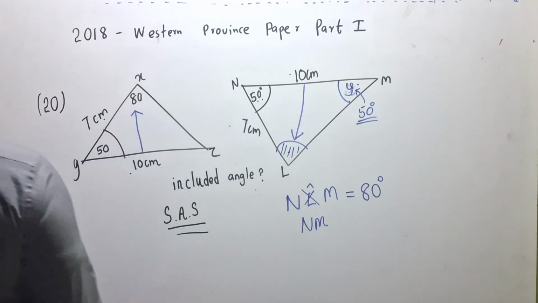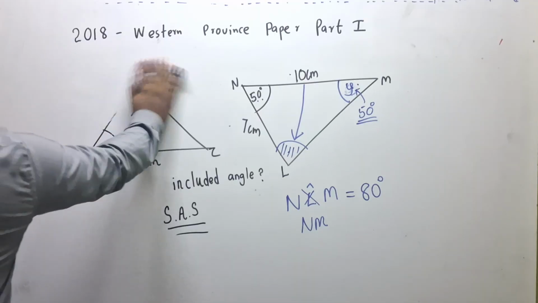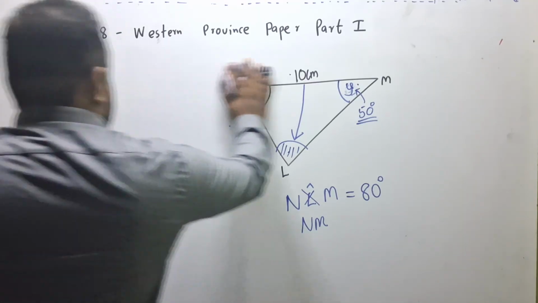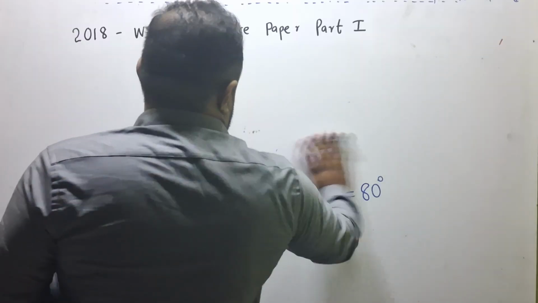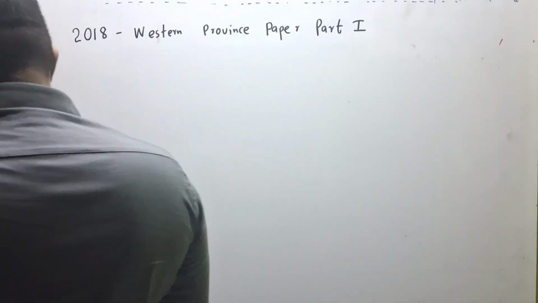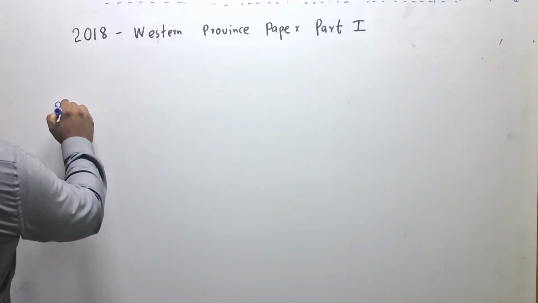Next one. Find the gradient of the given straight line. Usually, the method to find gradient is using the equation.